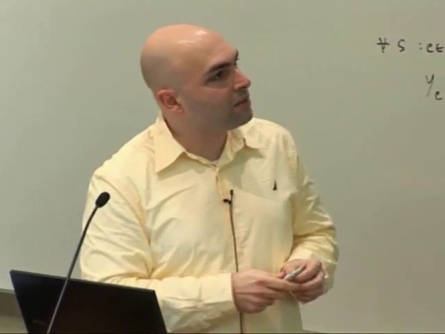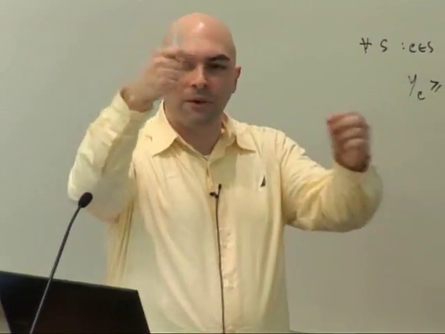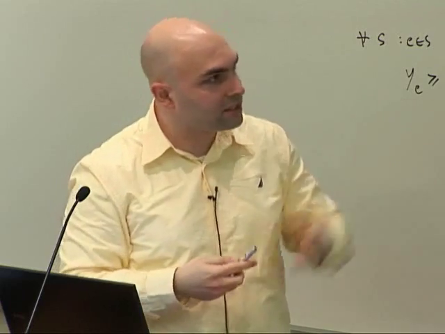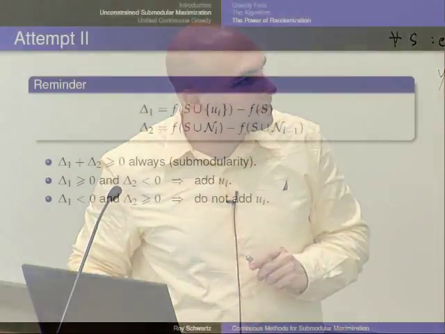Intuitively, we see that the total loss from here to here is the total change that both points had along the entire execution of the algorithm. And when you look at the rates of the change, it gives you a 1/3 approximation. So now let's look at a very special case. This is just a reminder of what delta 1 and delta 2 are.